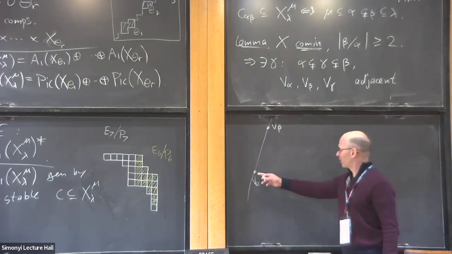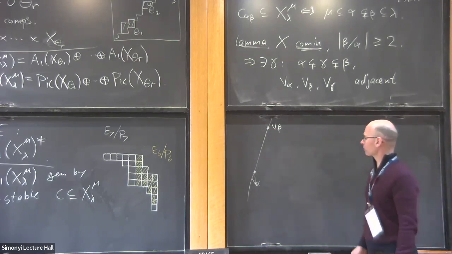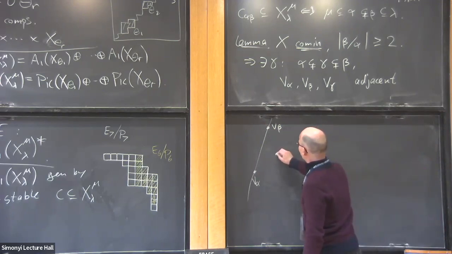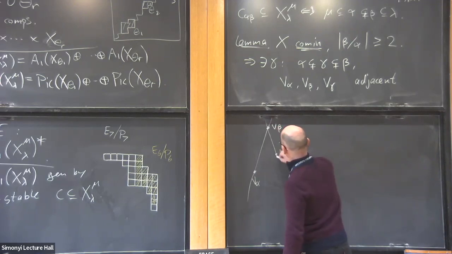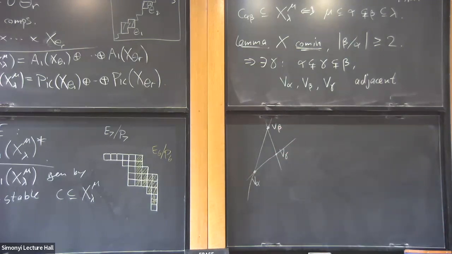Then if you have at least 2 levels up, you can find a point sitting in the middle, V gamma here. Everything is adjacent, so you have a triangle of T-stable lines in this case. So here, an assumption in your lemma is that alpha and beta are adjacent.